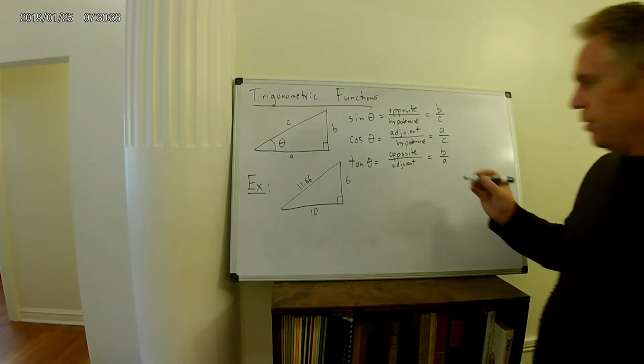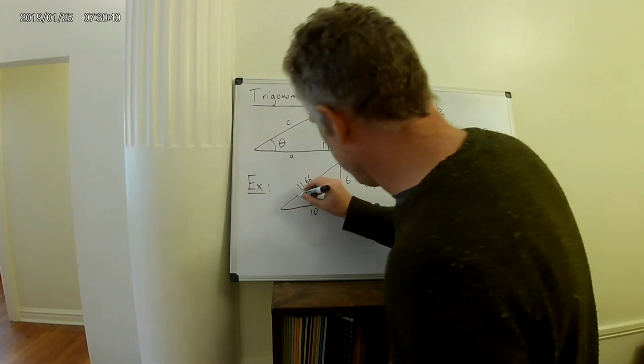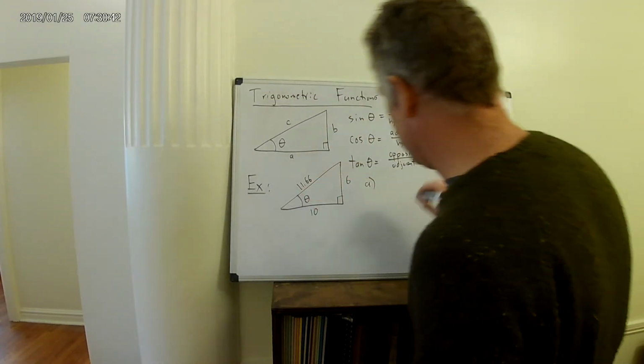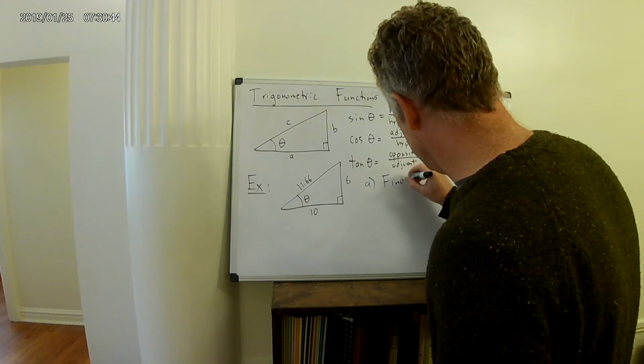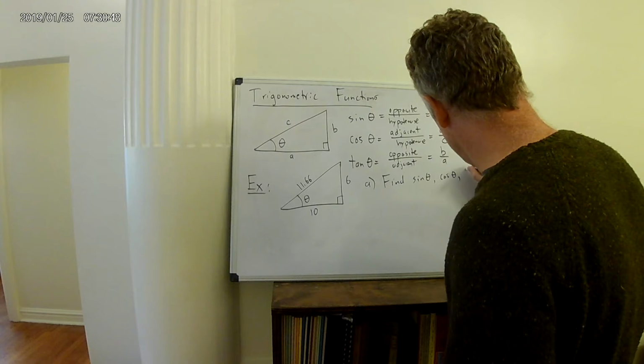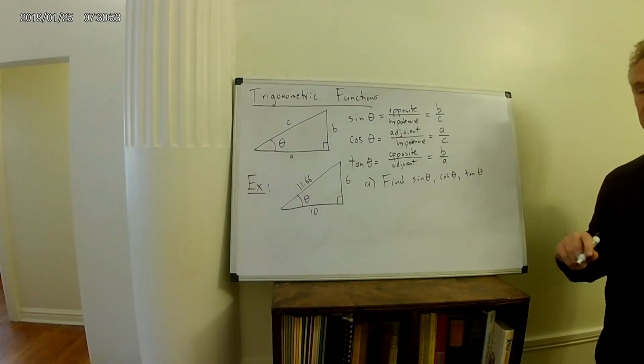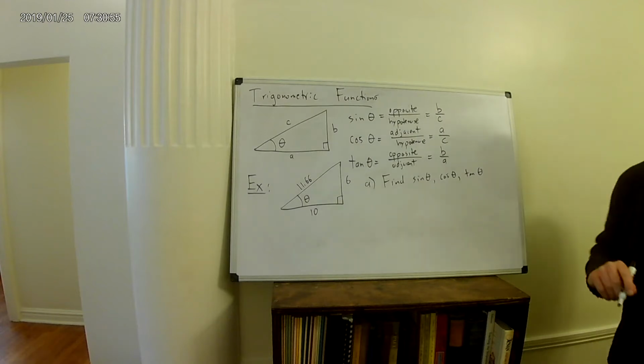There are 2 parts to this example problem. The first thing I want to do is find, and this is our angle theta, the angle I'm interested in, the values of sine theta, cosine theta, and tan theta for this triangle.